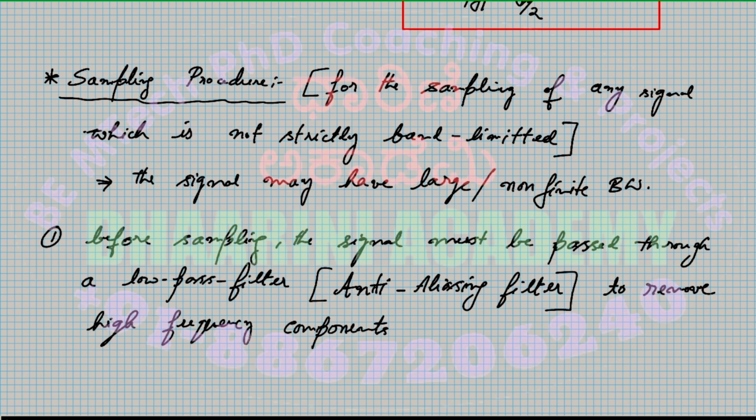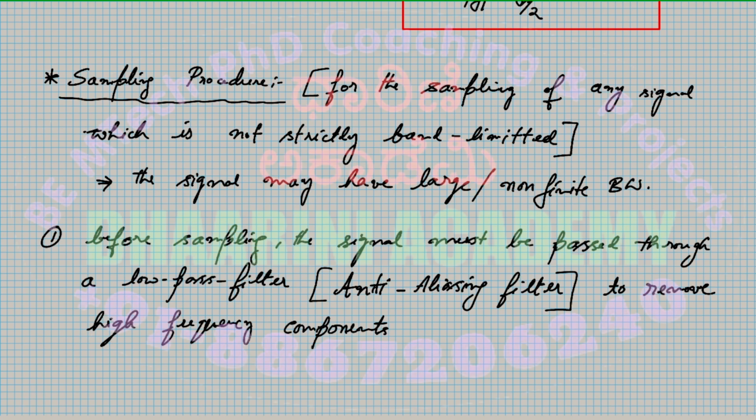Noise has a characteristic whose frequency is very high. So the filter serves a dual purpose for us. One, it eliminates the higher frequencies of the signal, and the second is that it eliminates the noisy components.